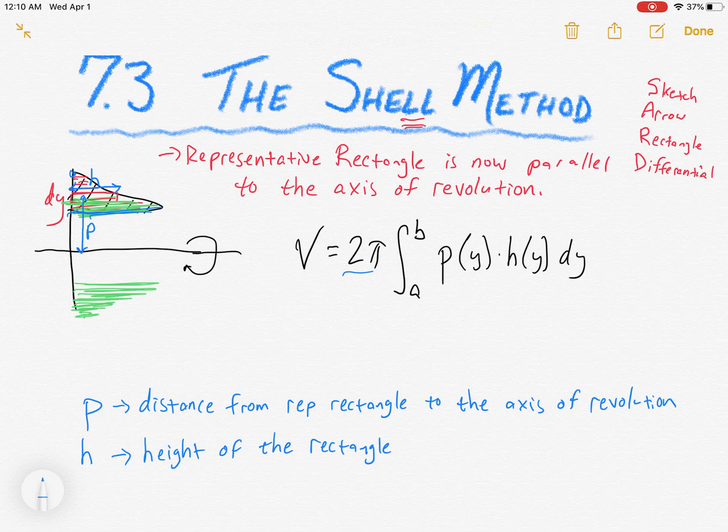Here, we're adding on these layers. So P is really like the radius. If we were to see this right here as you went around, it would look like this, right? And like that.